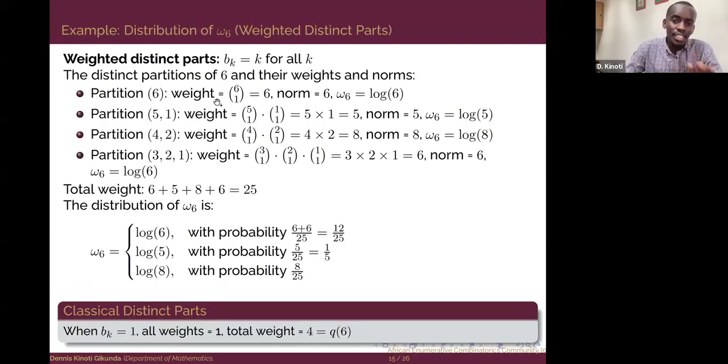So in this case, I give an example of, say, partitions of 6 where we have distinct parts, and then we are giving weights. For example, we can have k repeated k times, but these k's are distinct. For example, if it's 2 and 2, one of the 2's is red, the other one is black. So both of them are 2's, but we consider them as distinct if maybe they are labels or colors.